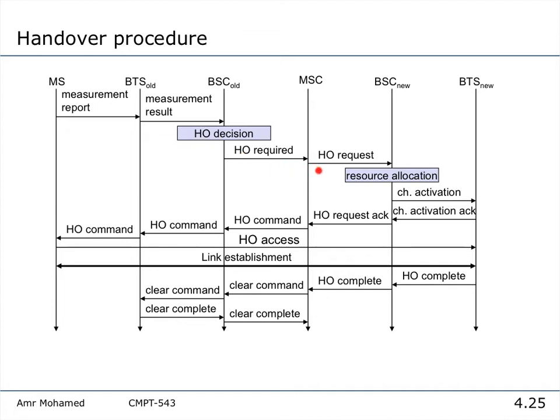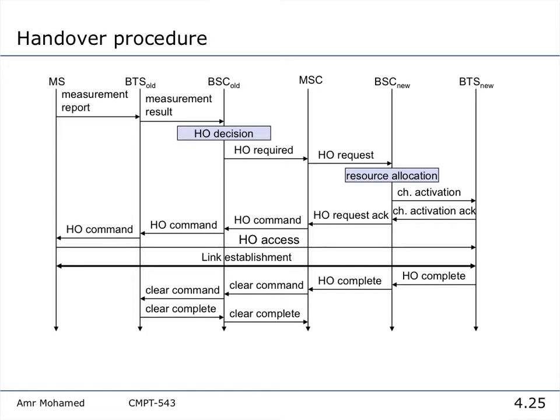And this request goes to the MSC. So the MSC will receive a request for handover. It's the handover decision. The BSC will send a handover required signal to the MSC. The MSC might accept or reject that, depending on the situation for the new BSC.